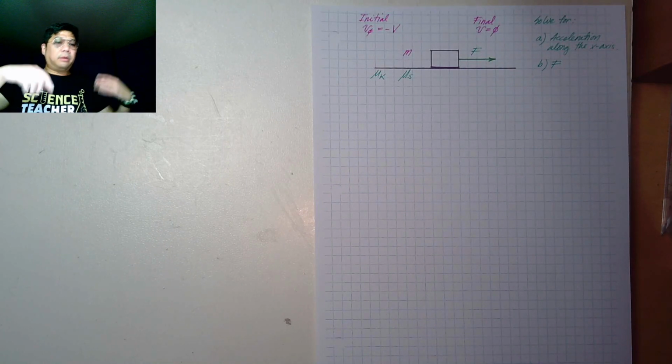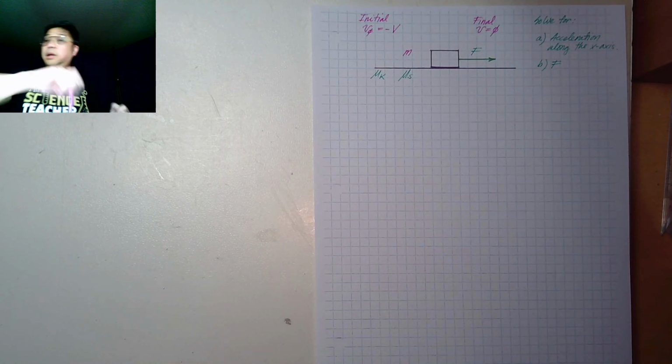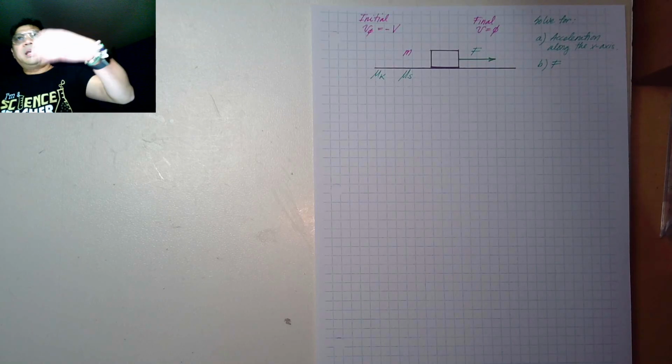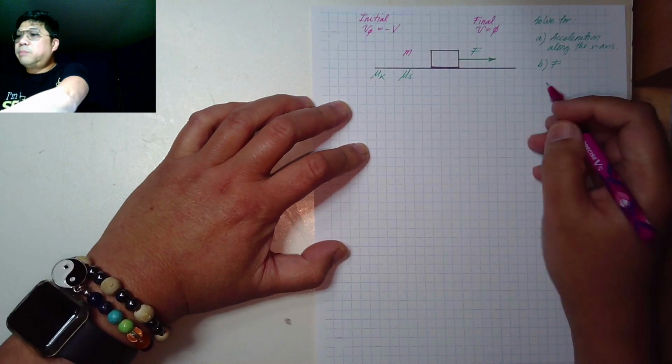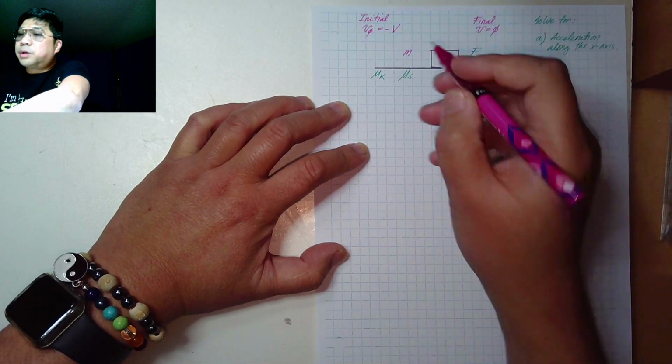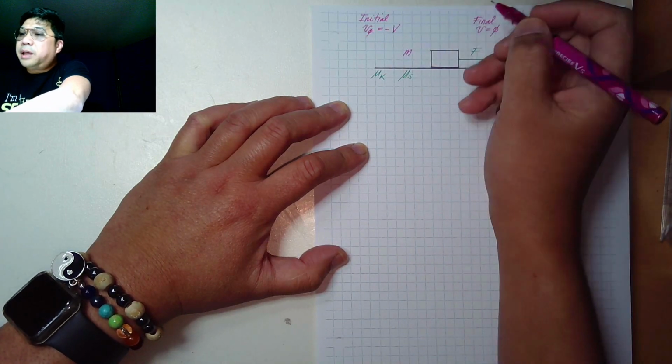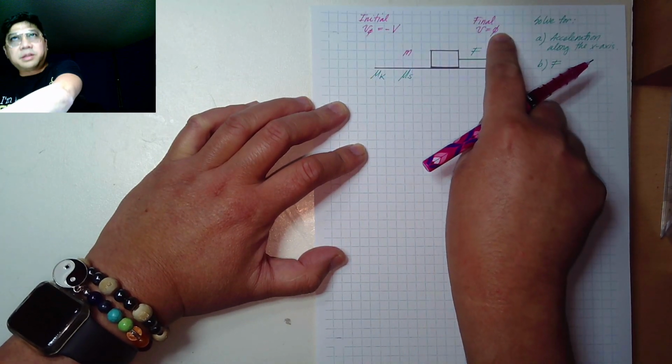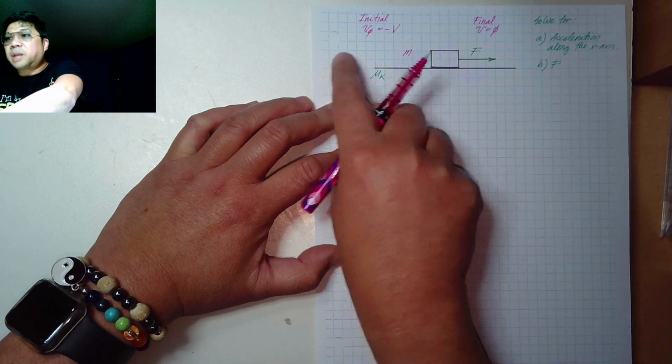So again, first for us to write what it is that we know and what are some of the conditions that we must establish. Earlier we said that there is a change in velocity along the x-axis.